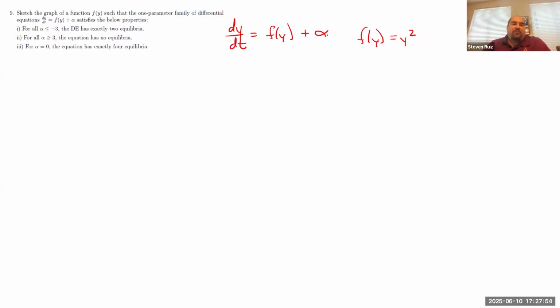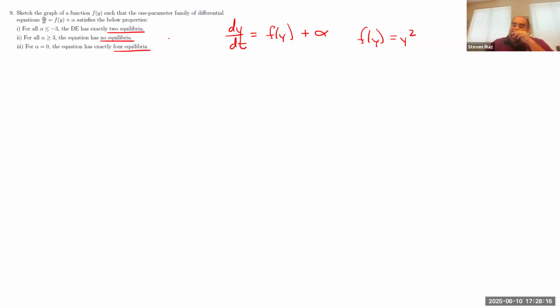So basically, whatever function you graph, it has to be something that vertically translating it up and down can meet all three of these conditions. So here's what I'm going to focus on. I'm going from 2 equilibria to no equilibria to 4.